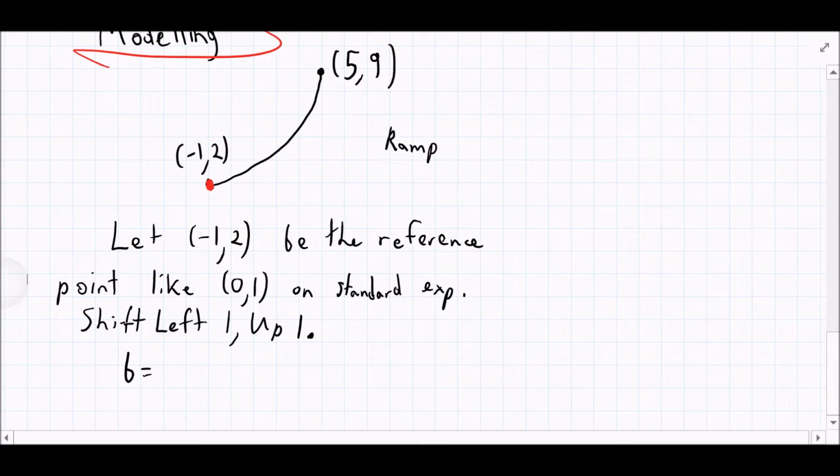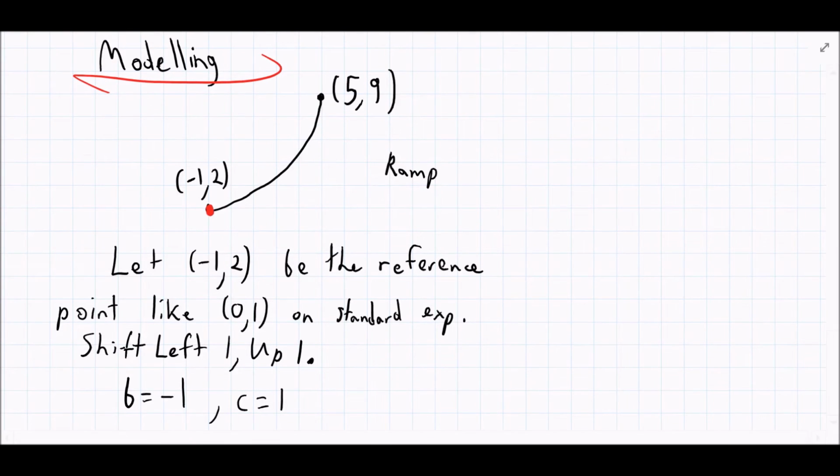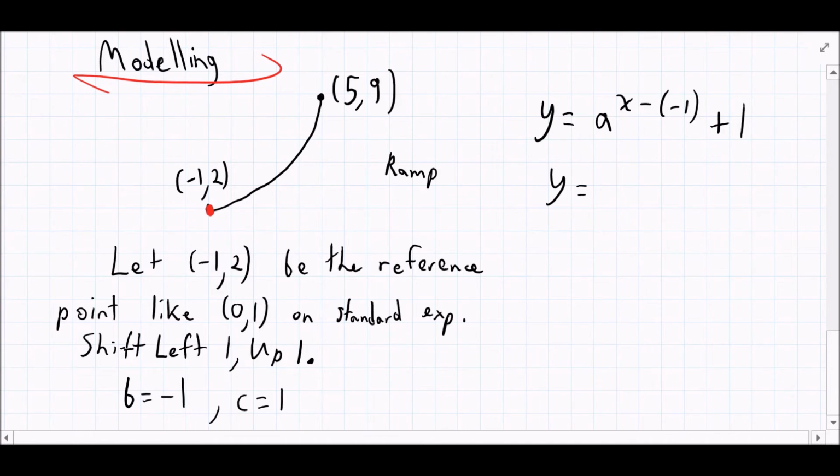So b is going to be equal to -1, and c is 1 less than the value. So b is going to match the point, c is going to be 1 less than the value. So if we substitute that in, we get y equals a to the x minus -1 plus 1. So that's the same as y equals a to the x plus 1 plus 1. So as we see, the formula takes care of that b value for us.